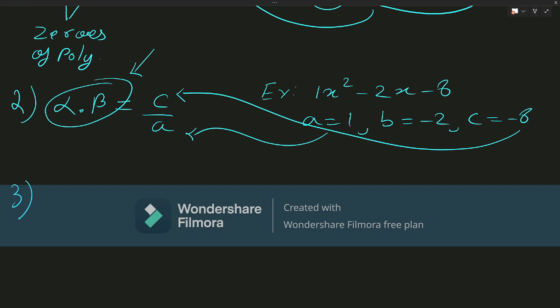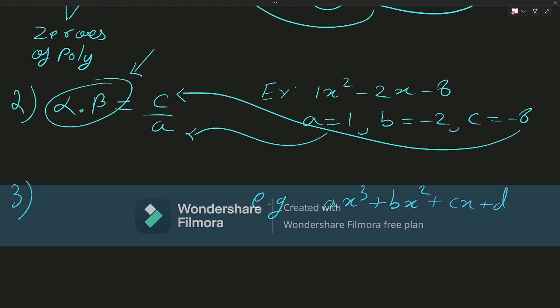This is really simple. The first two formulas are exactly the same. Suppose there's a cubic polynomial, for example. Let me just give you the standard form: ax cube plus bx square plus cx plus d. Now this is the general form.